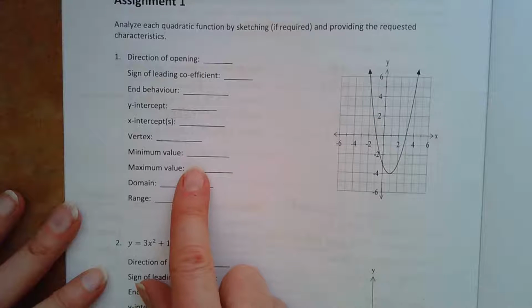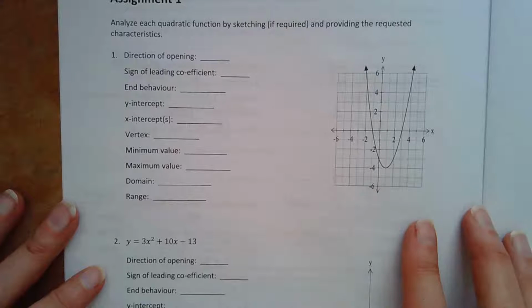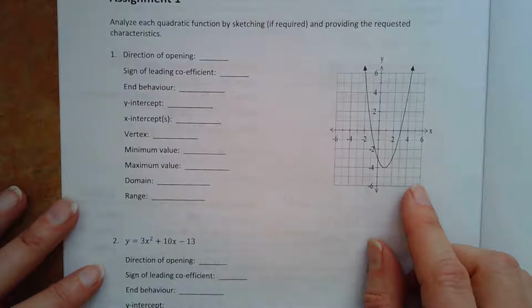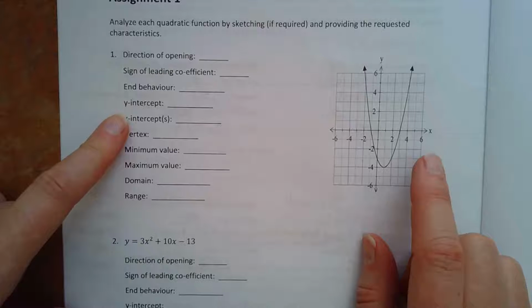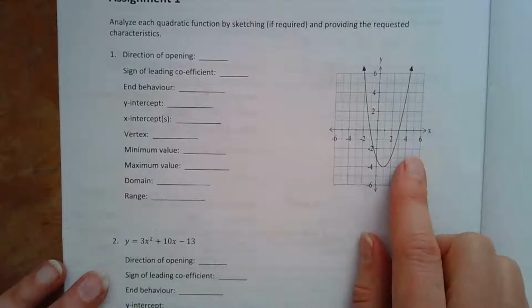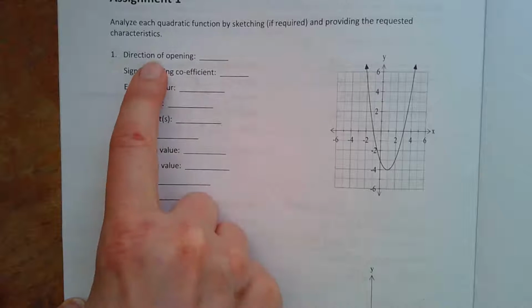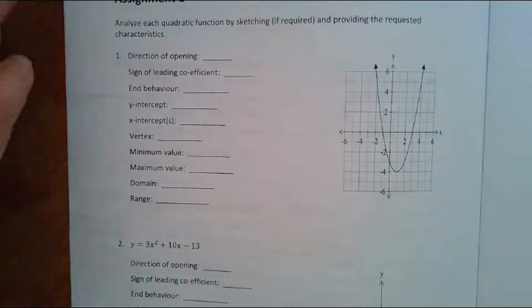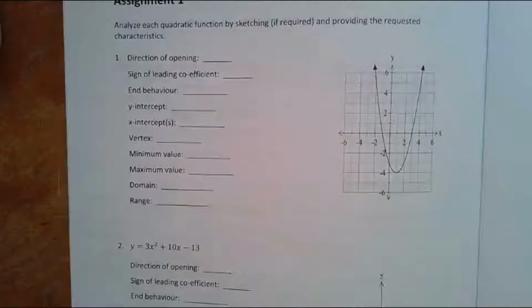Now, the interesting thing is, if you know what the vocabulary words mean, you can respond to a lot of the questions they ask you just by inspecting the graph, or I should say by inspecting the equation. For number 1, they do not give us the equation, they give us a picture, but I can tell by looking at the picture that it's a quadratic.